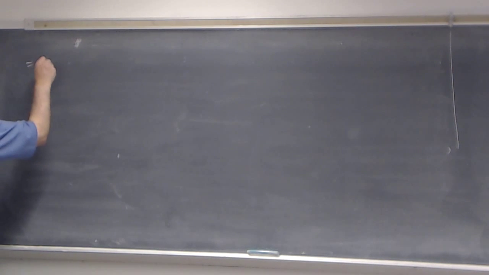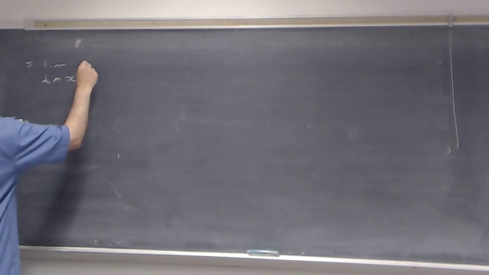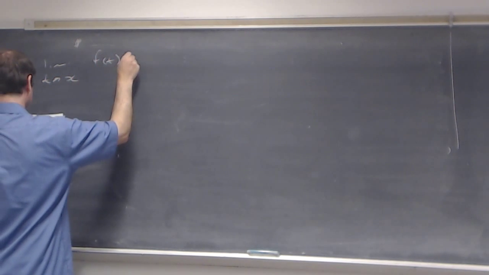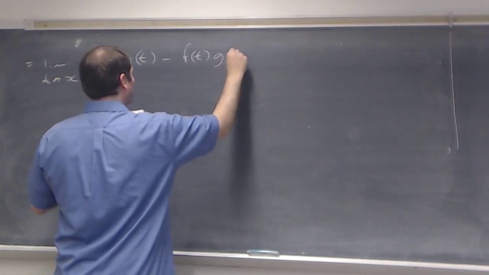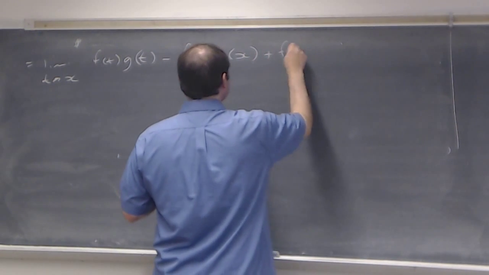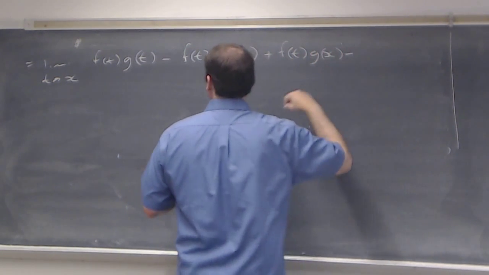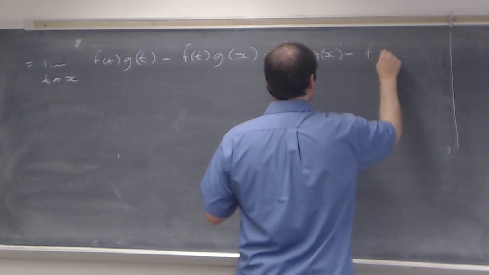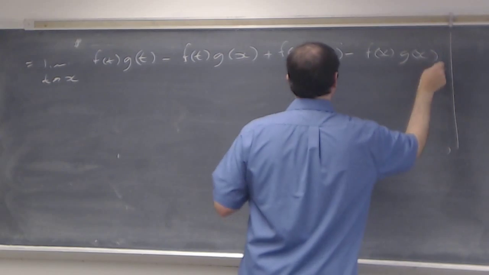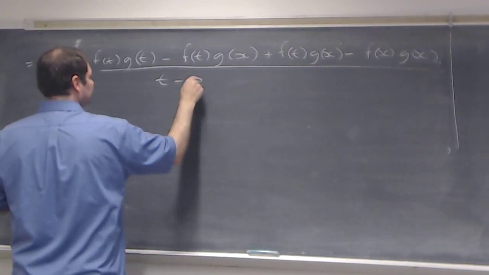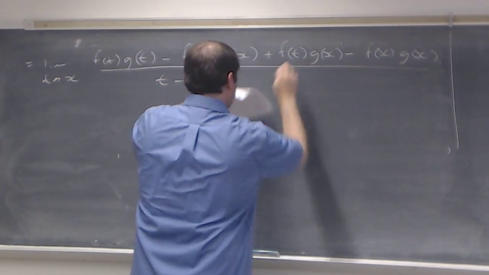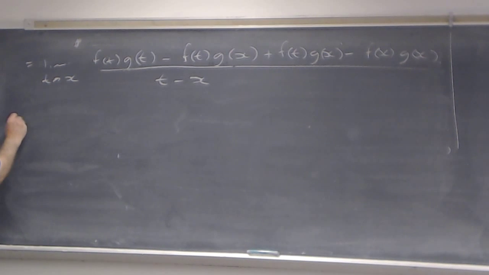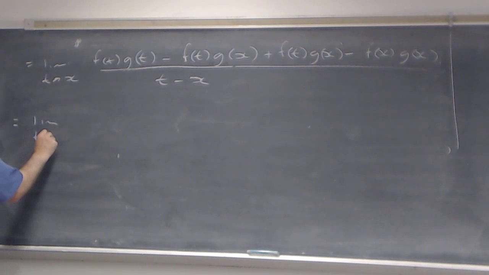Namely, we're going to say that's the limit as t goes to x of f of t times g of t minus f of t times g of x plus f of t times g of x minus f of x times g of x all over t minus x. Okay? So I've just inserted one thing in terms of the subtraction and its addition. So that's equal to the limit as t goes to x.